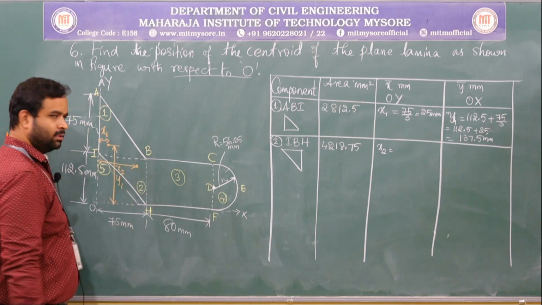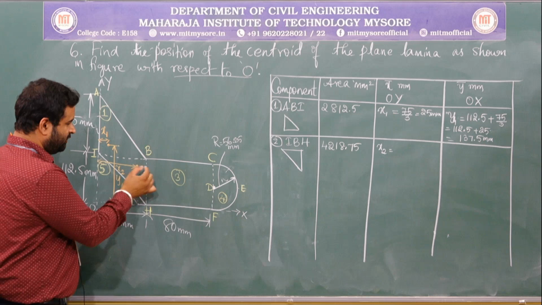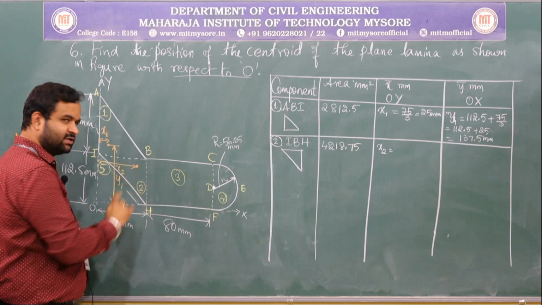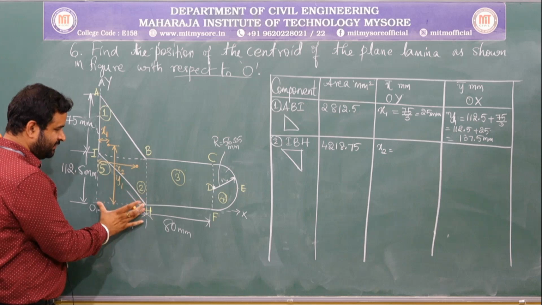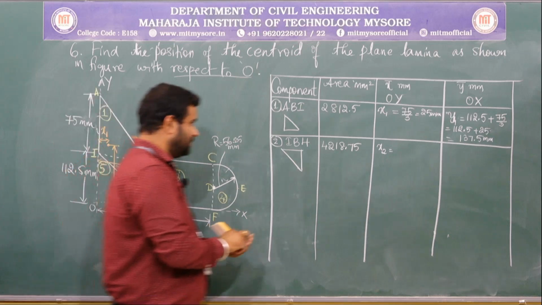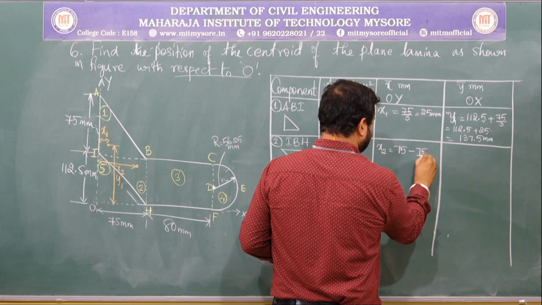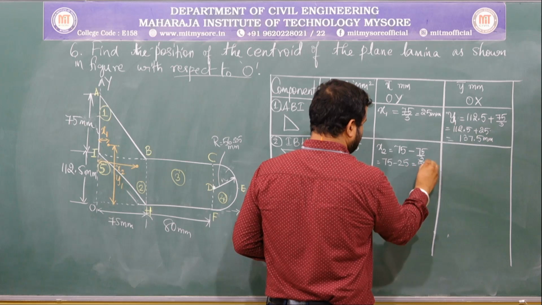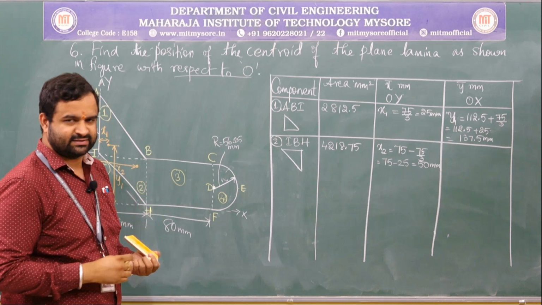This is x2. But we had determined the centroidal value from this end, that is b by 3. But if you want to measure it from this end, it is 2b by 3, or you can write as 75 mm minus 75 by 3. So, x2 is equal to 75 minus 75 by 3, which is equal to 75 minus 25, which is equal to 50 mm. That is the distance from the OY axis.